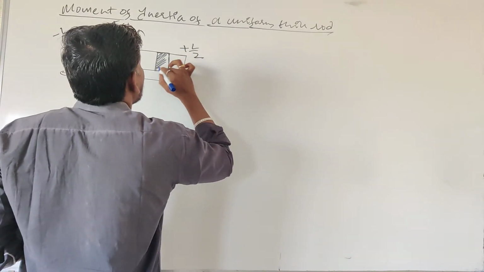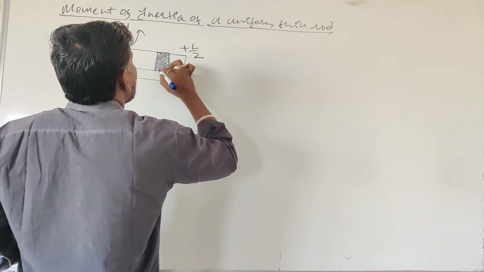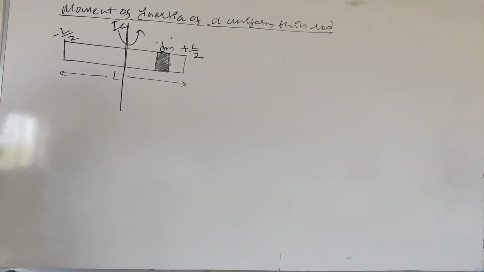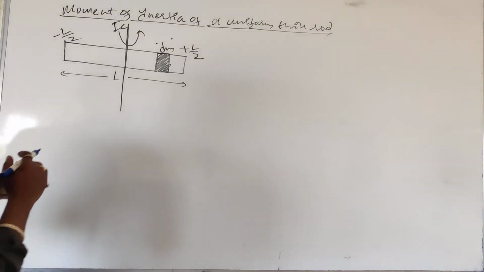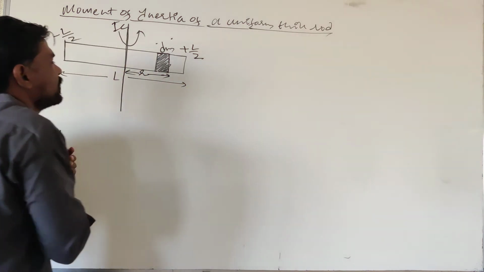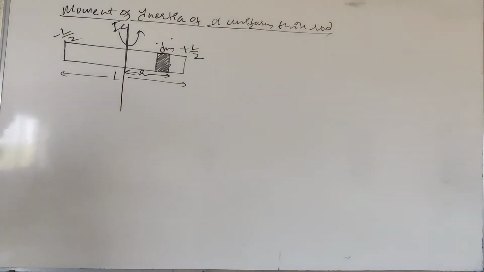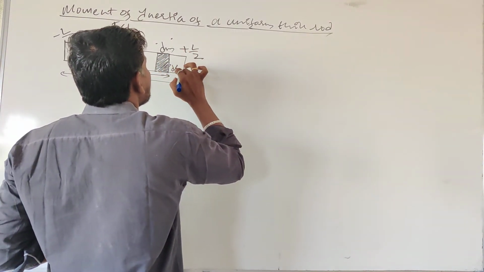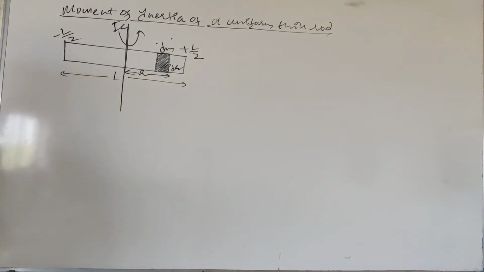So here I am going to consider a small amount of mass here. That is dm, a small amount of mass dm that is at a distance r from this axis. Since it is very small, it is taken as dr, right?